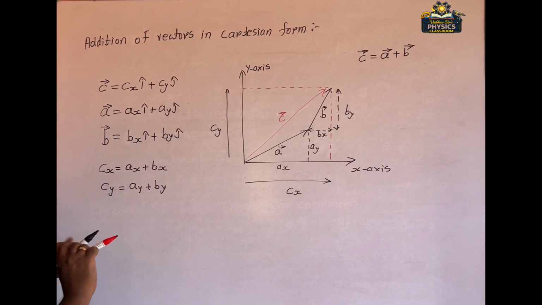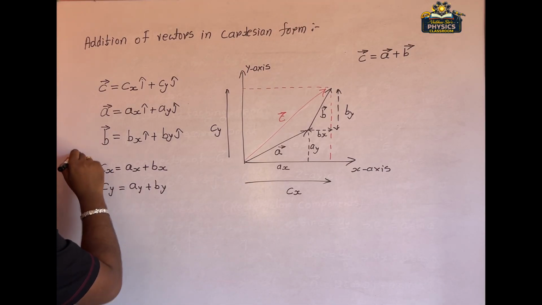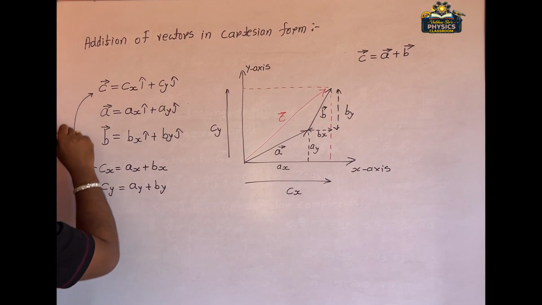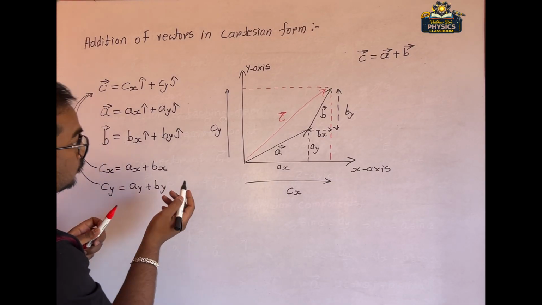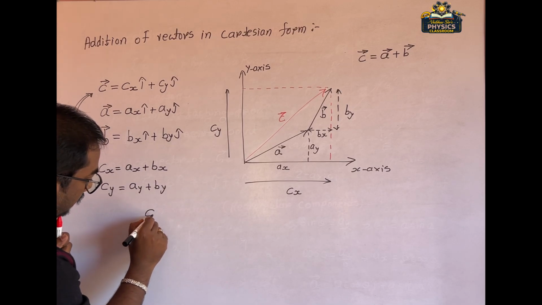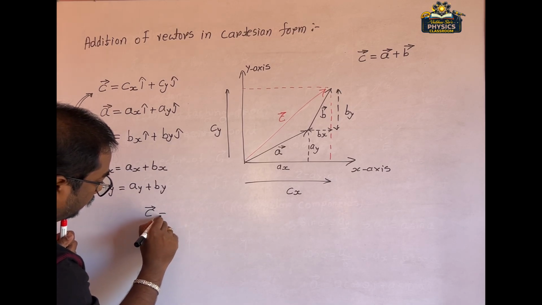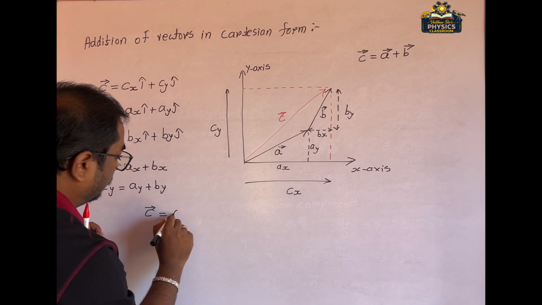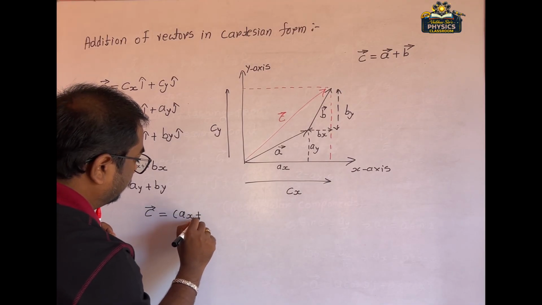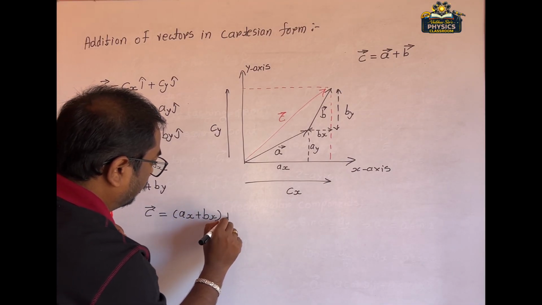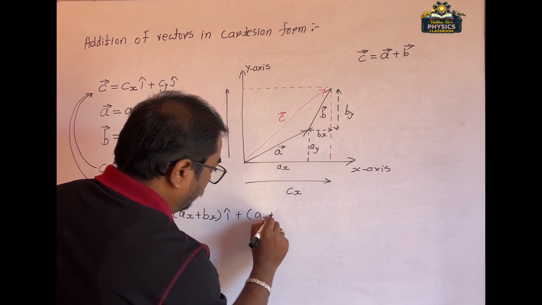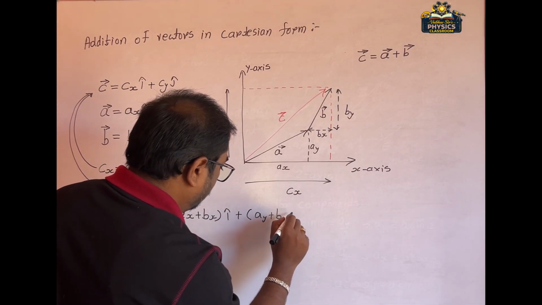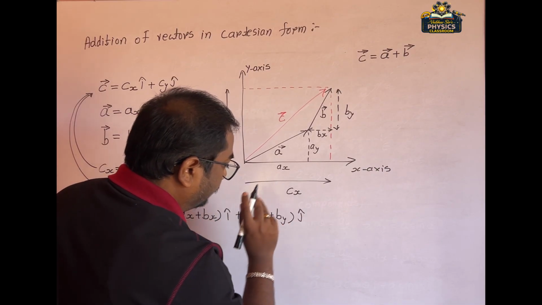If I put these values of Cx and Cy here, what is the solution? This C vector will be Ax plus Bx of I cap plus Ay plus By of j cap.